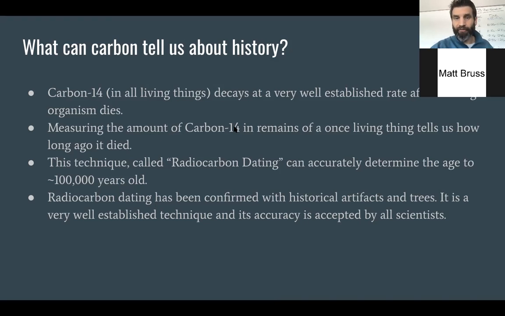Measuring the amount of carbon-14 in remains of once living things tells us how long ago it died. This technique is called radiocarbon dating and can accurately determine the age to approximately 100,000 years old. And this radiocarbon dating has been confirmed with historical artifacts and trees, and it is a very well-established technique, and its accuracy is accepted by all scientists.